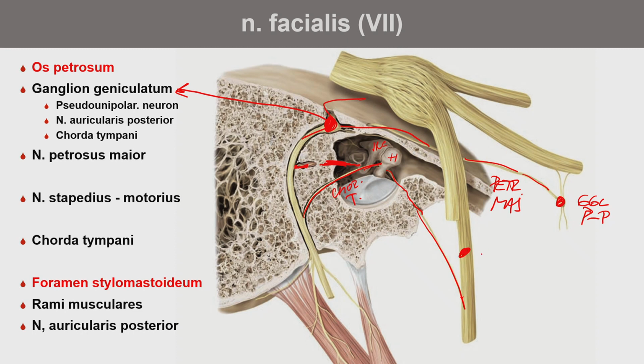What is this nerve? This is the mandibular. And it will be interesting and important on the next slides. And then it is going outside, and here those are emerging branches for muscles and also the posterior auricular nerve.